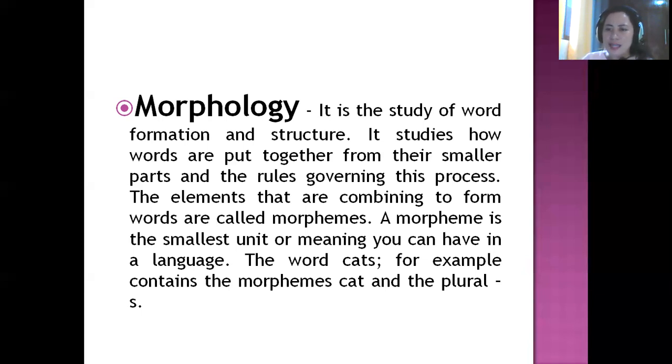Since there is an added s, it means there are more than one cat. So there is an implied meaning to the s attached to the word cat. That's why it is considered another unit of meaning, the smallest unit of meaning, or a morpheme.